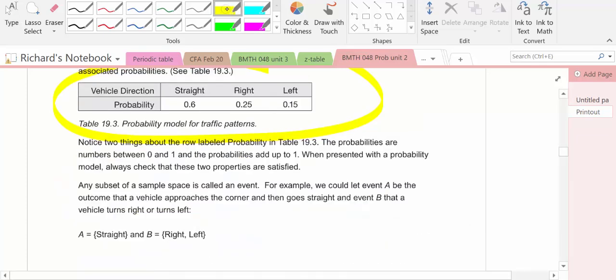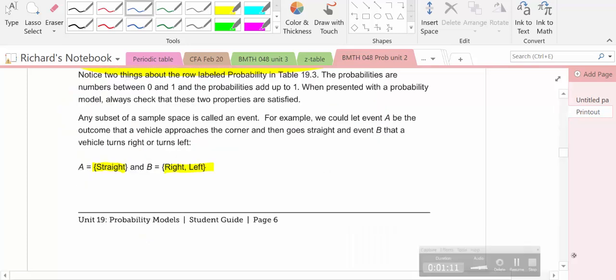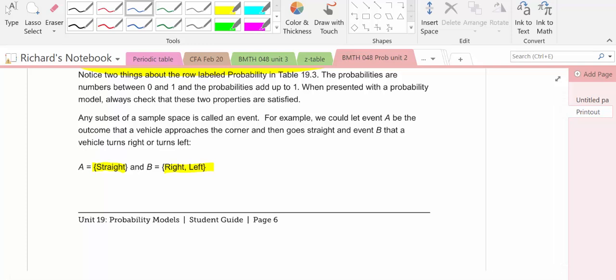Defining a random variable, let's say the variable A is that the car goes straight at some intersection, and the variable B is that the car either goes right or left. There are two ways of calculating the probability of event B happening.